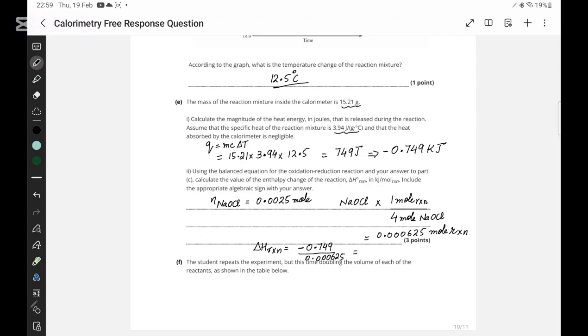So the final answer comes out to be minus 1.20 times 10 to the power of 3 kilojoules per mole of reaction.